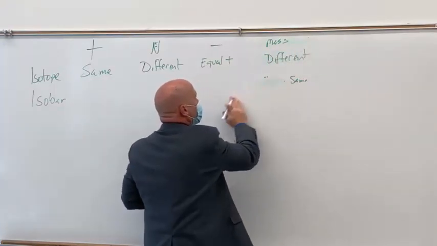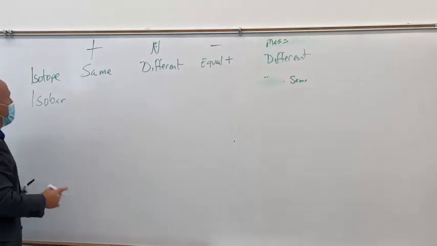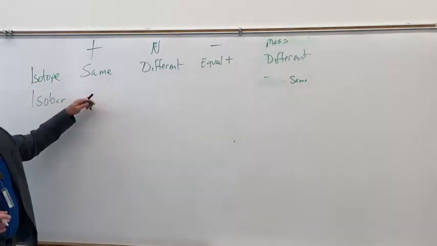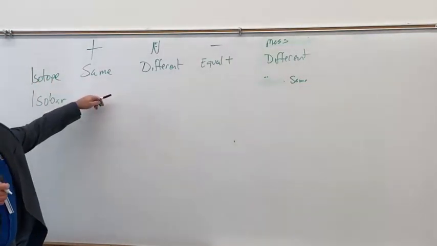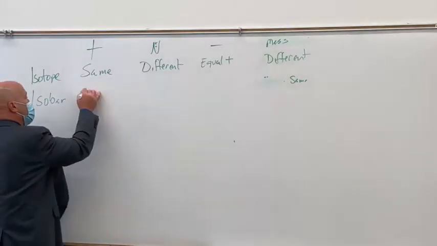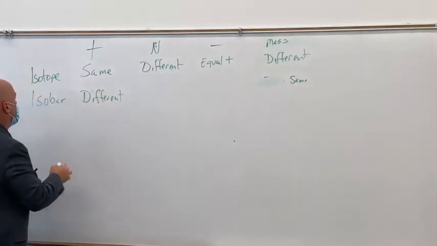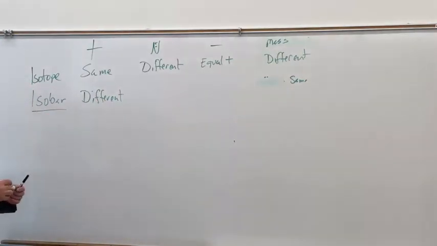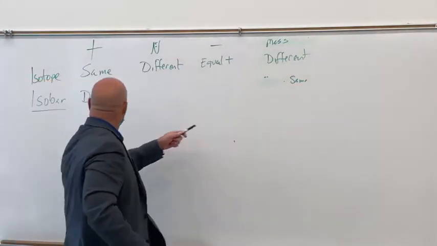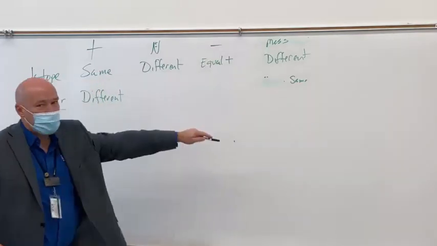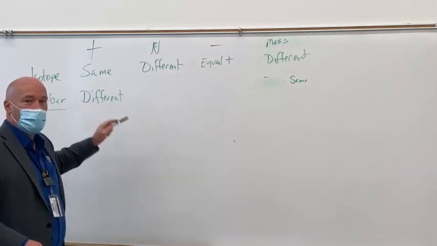So mass here was the same, but what about protons? They're different, right? So what can you tell me about isobars? You got two elements that have exactly the same mass, but they have a different atomic number.